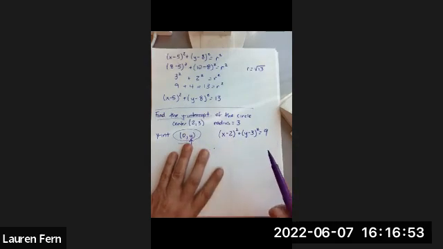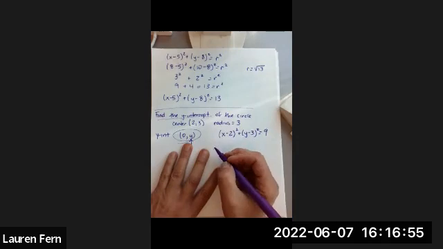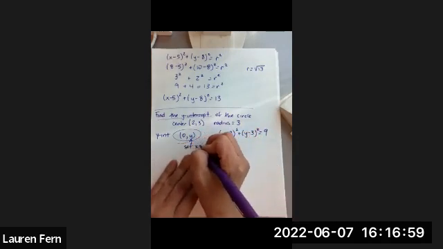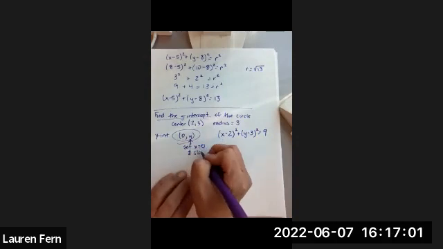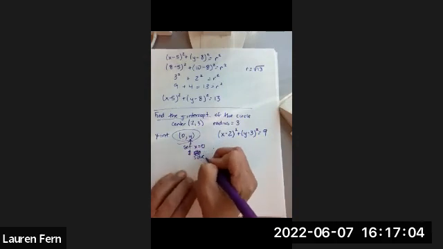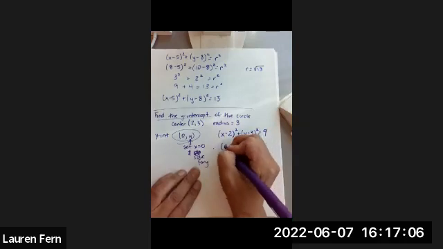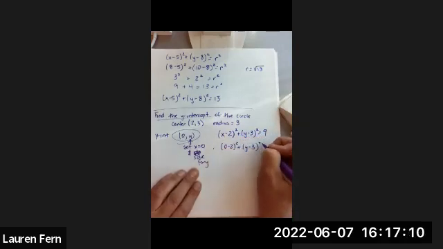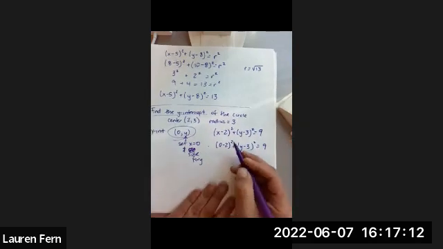And that's exactly what we're going to do here. To find the y-intercept, remember what you always do is set x equal to 0 and solve for y. So I have 0 minus 2 squared plus y minus 3 squared is 9.